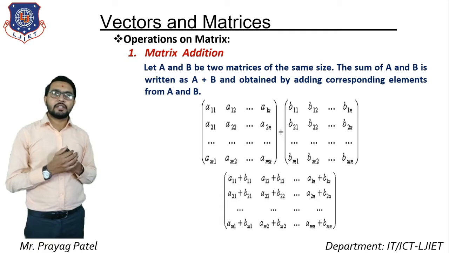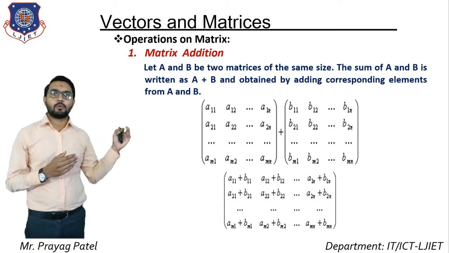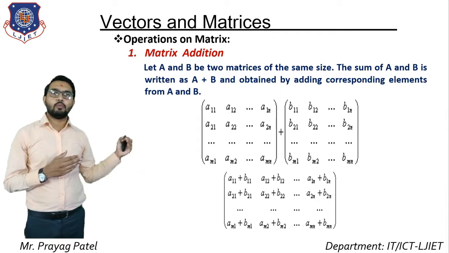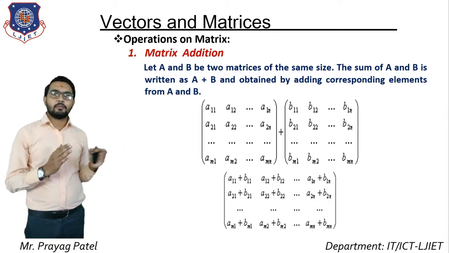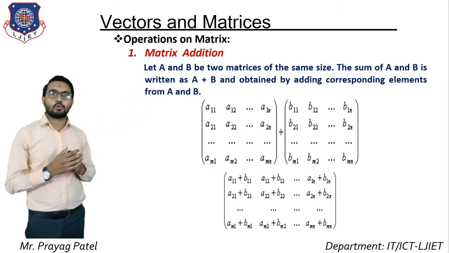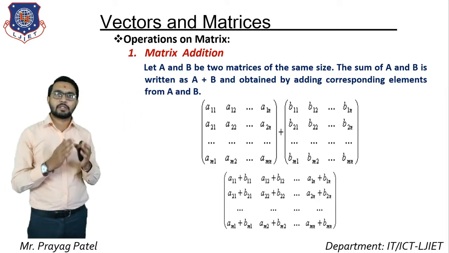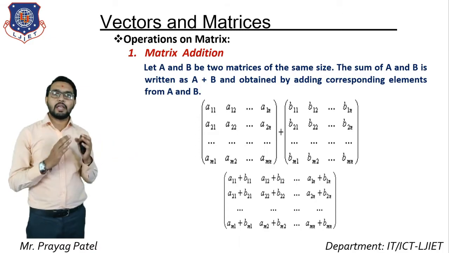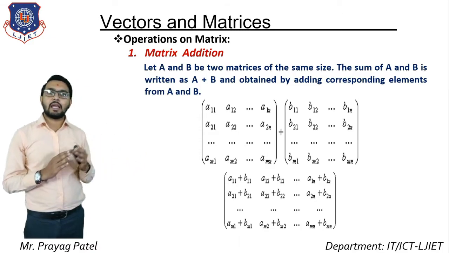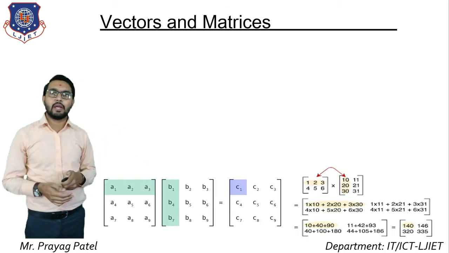And the second matrix is B11, B12 up to B1n, and the last row is BM1 to BMN. So in the addition of these two, the first components of both matrices are added first. So A11 plus B11 is the first component. The second component is A12 plus B12, like this up to the last, AMN plus BMN.